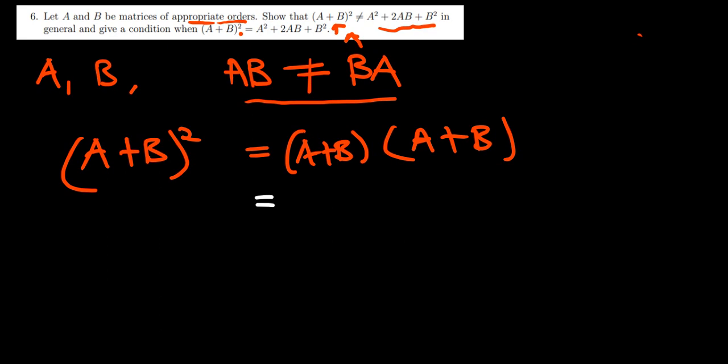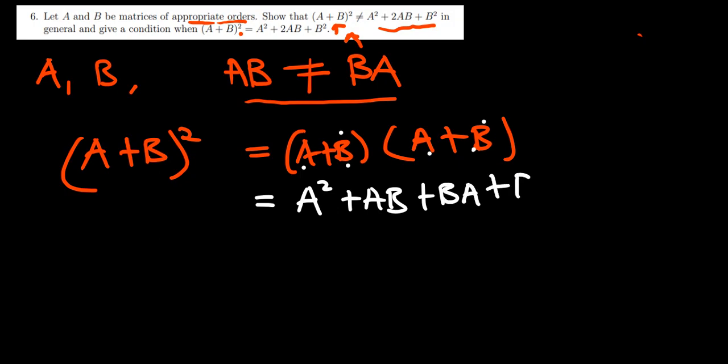A multiplied by A is A squared, A multiplied by B is plus AB, and then B multiplied by A is plus BA, B multiplied by B is B squared. So this is the expression that we have.